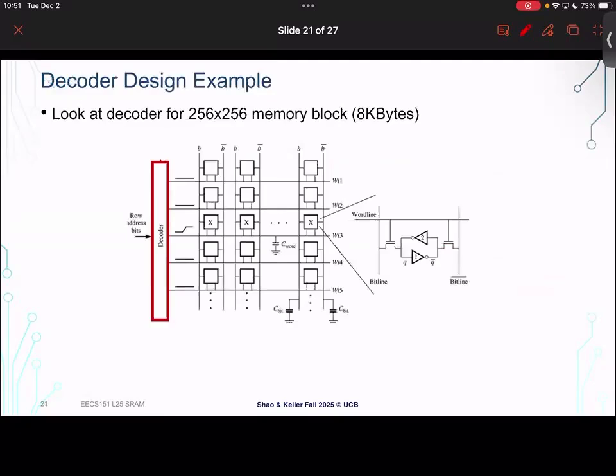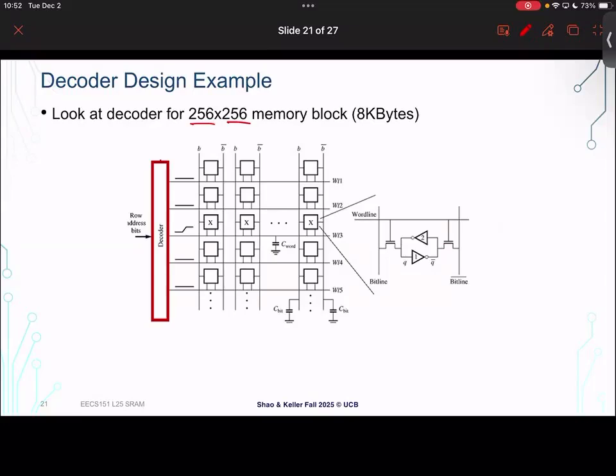Okay, first, just as a reminder, we're going to look at this 256 by 256 block for the remainder of the examples. This is where the decoder is sitting on the left here, and its job is to assert exactly one of the word lines each cycle.